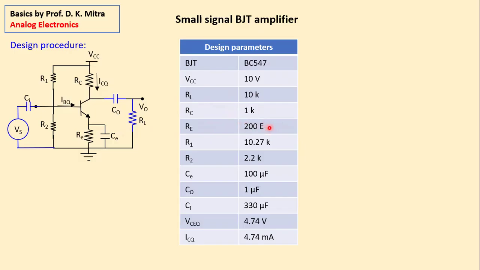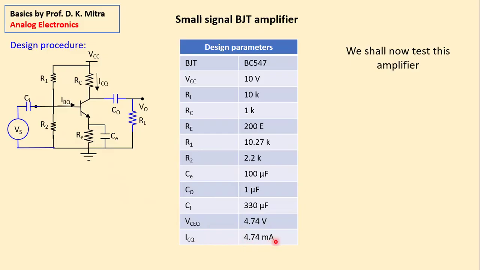By the way, in electronic media, the ohm sign is not always available, so often they write E. R1, this top resistance is 10.27K, R2, this bottom resistance is 2.2K, emitter bypass capacitor is 100 microfarad, output coupling capacitor is 1 microfarad, input coupling capacitor is 330 microfarad. And if we do that, expectedly, VCQ will be 4.74 volt and ICQ will be 4.74 milliampere, right?